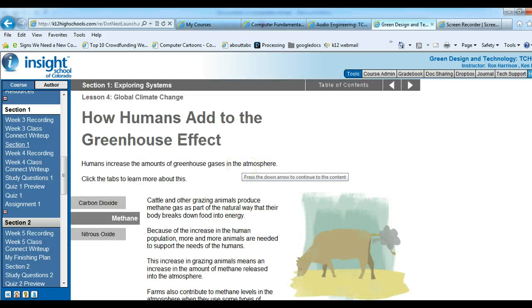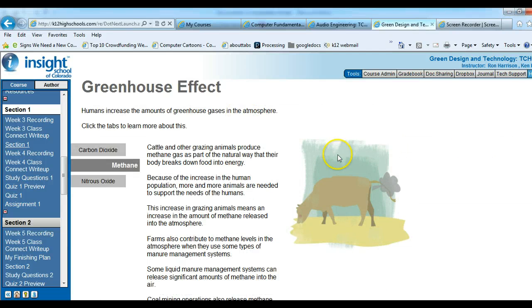Methane occurs naturally. And you can see by cattle and other grazing animals, we know where methane comes from, right? When they break wind, you can see this cow doing that over here. And so we have a lot more farms and animals and things like that. Manure produces methane gas. Now, wouldn't it be great if we could take that methane gas and use it as fuel for cars?